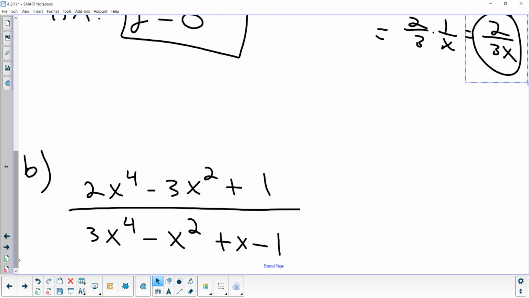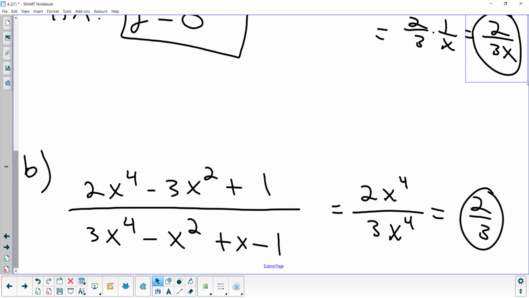Let's look at this one. What's the EBM in the top, John? 2x to the 4th. Okay. And what's the EBM in the bottom? Leah? 3x squared. So when I simplify, what is my EBM? Yeah. 2/3. Now, in that fraction, let x approach infinity.